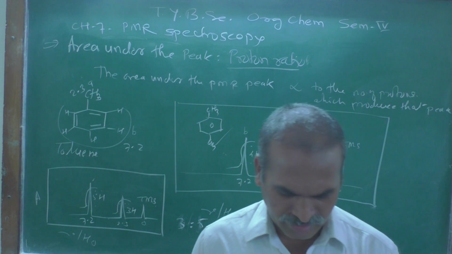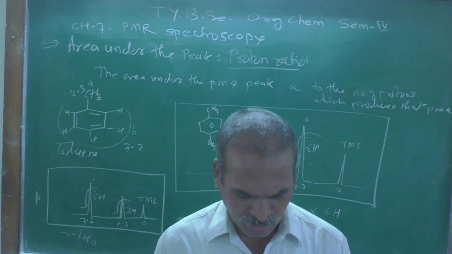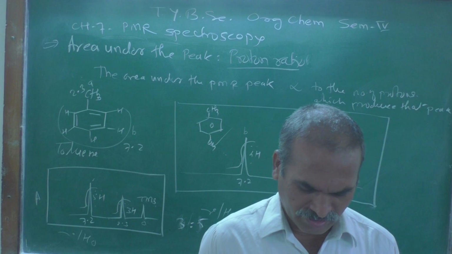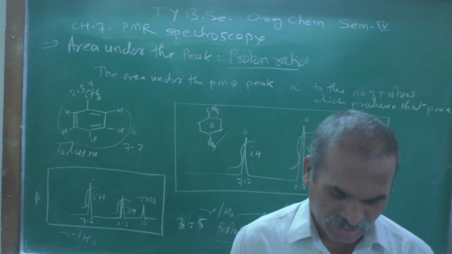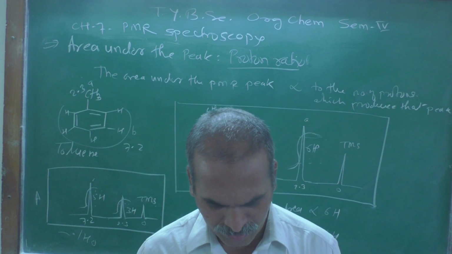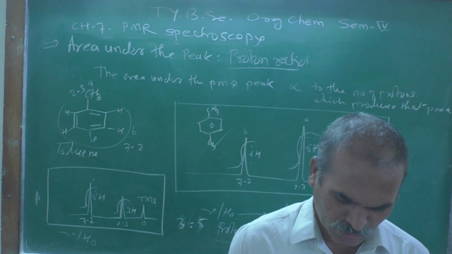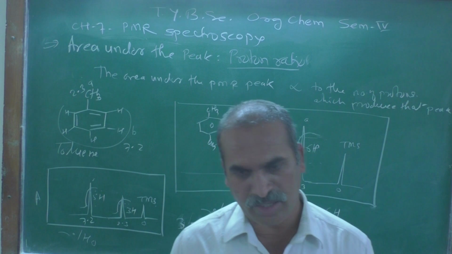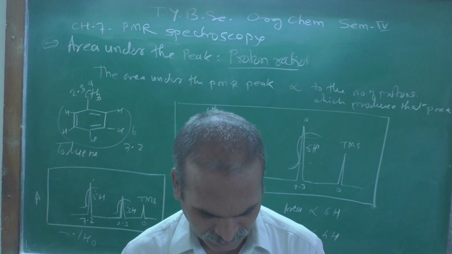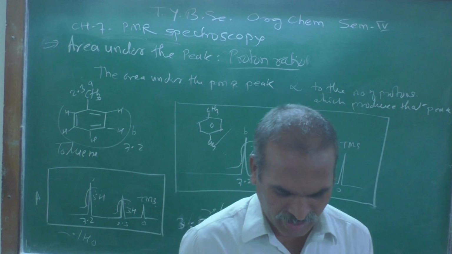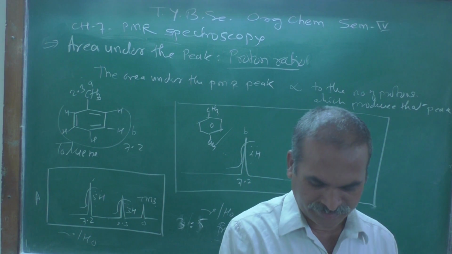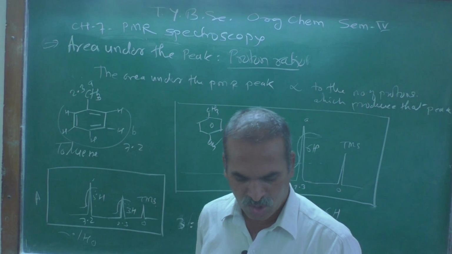The area ratio of the 2 peaks is 3:5. The height of the integration line is also in the same ratio 3:5. This is the PMR spectrum of toluene drawn here.